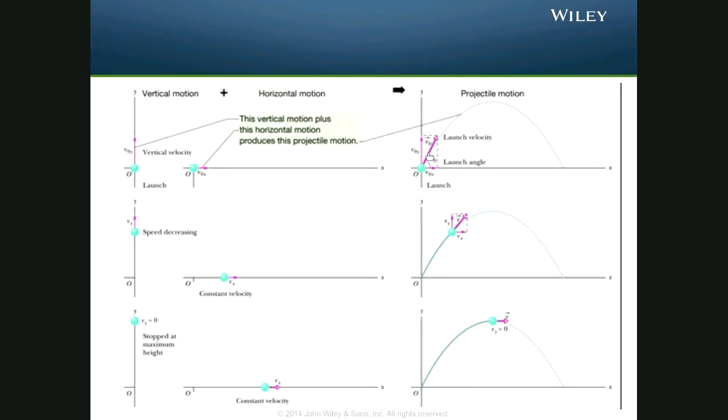So here's your initial velocity, and you'll notice that Vy equals 0 at the top, and this is the rising part. This looks just like chapter 2, this vertical part, and now we're just adding this horizontal constant, or 0 acceleration, part.